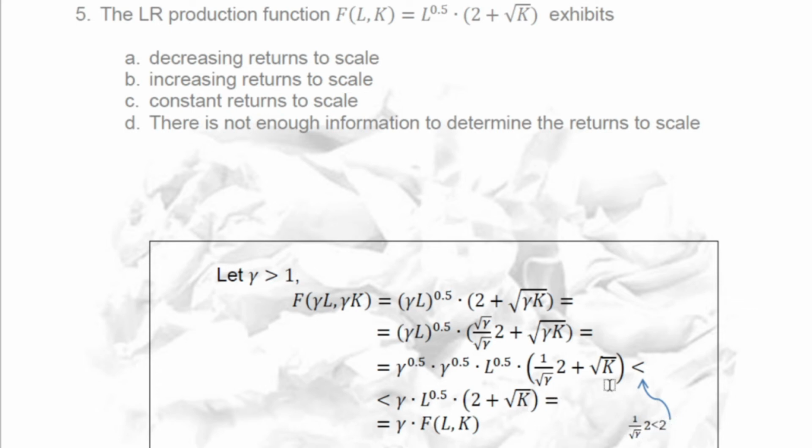So I put less than, and here 2. What I find is the production function, and at the end my output is less than gamma times my output. So we have decreasing returns to scale. It should be A.